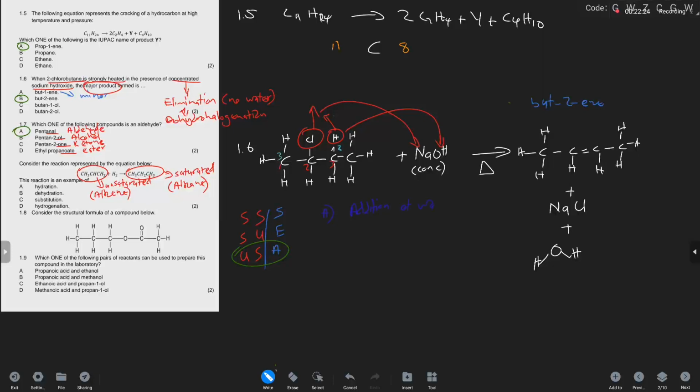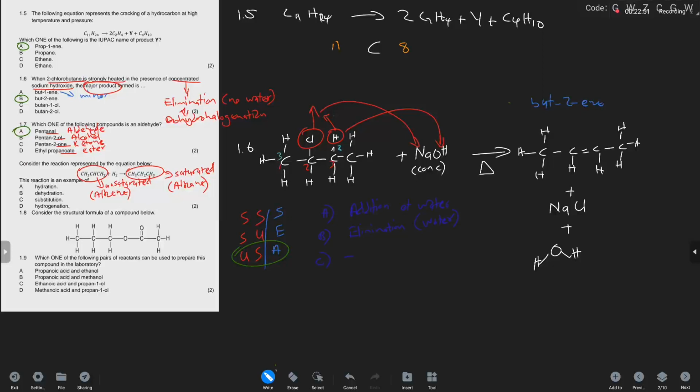Option A, hydration. That's the addition of water. And then B, dehydration, which means we are removing, so that's the removal or elimination of water. And then C is just a substitution reaction.